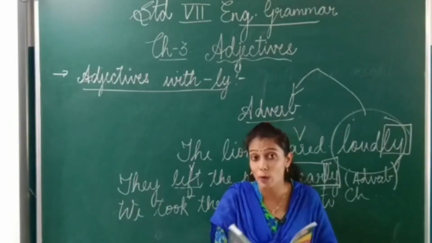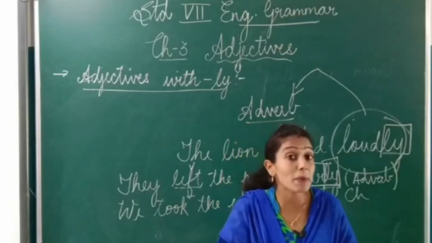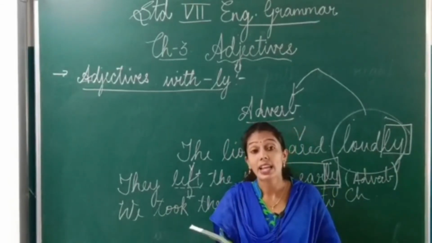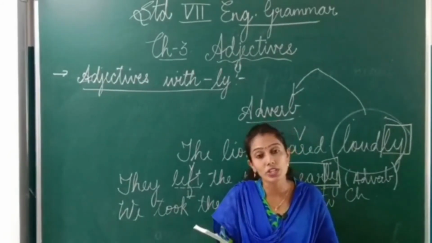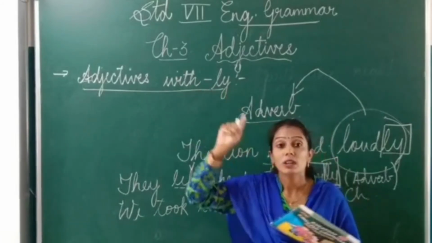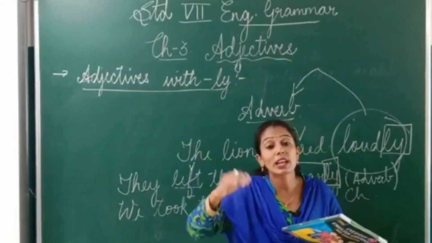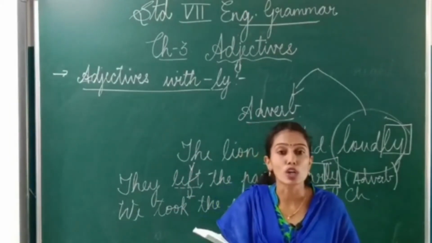Walk was also a noun. So here also, Nitin's daily walk. Before walk is daily, ending with ly. So it's an adjective. I hope now you are clear how adjectives end with ly and also ly ending words can be adverbs. Now we move on to the exercise.